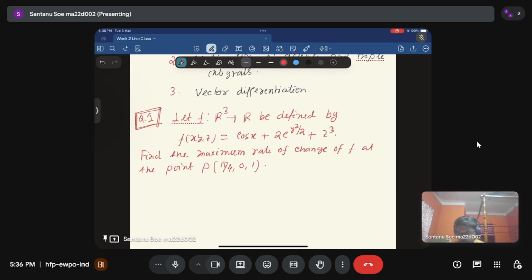So this is the given point where we have to find the maximum rate of change of f.